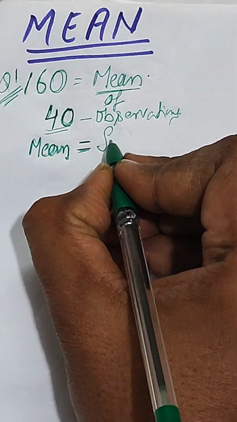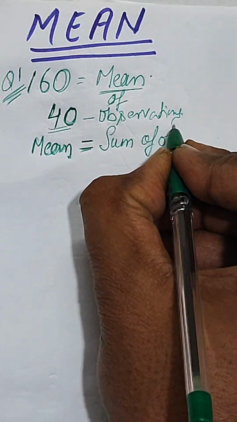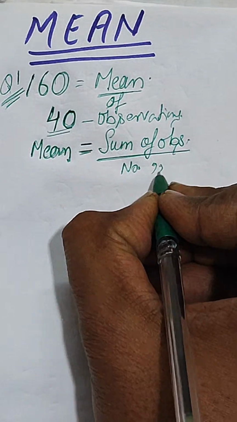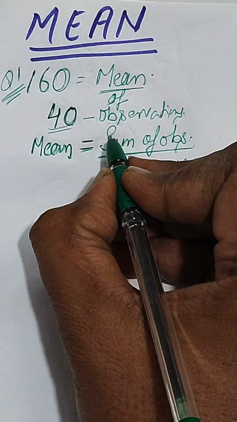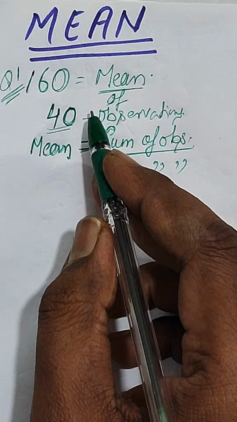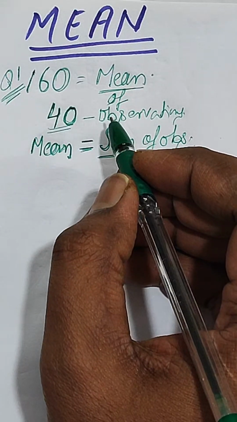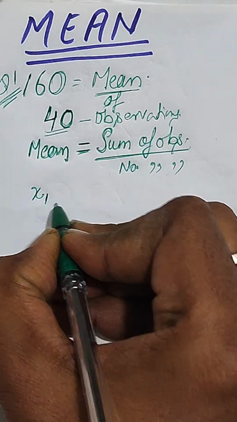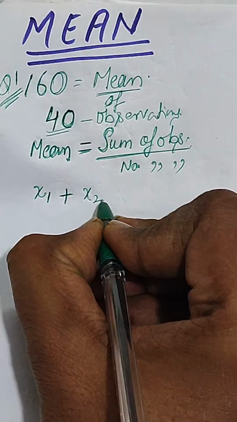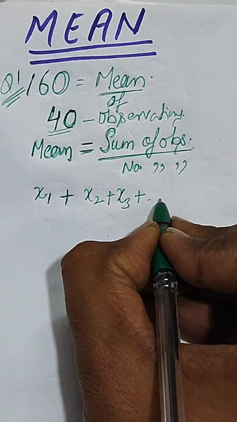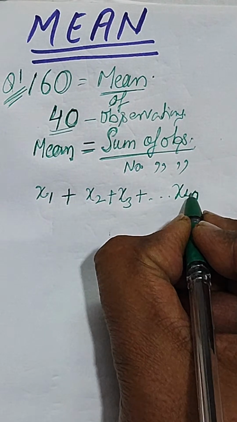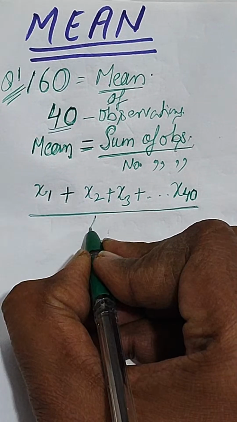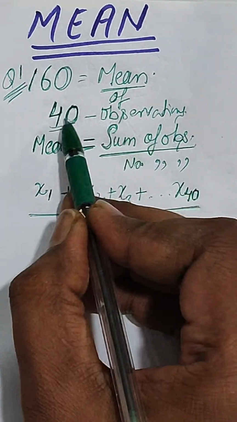So if there are numbers x1, x2, x3 till x40, because 40 data points are there, the sum will be x1 plus x2 plus till x40, divided by the number of observations, which is 40.